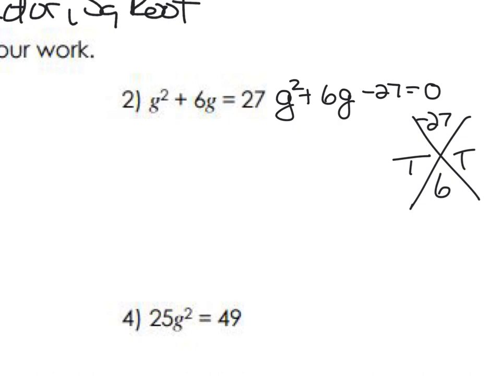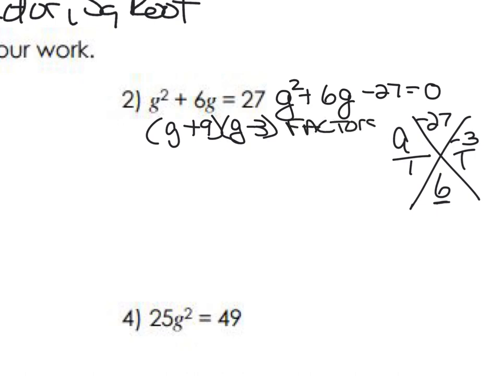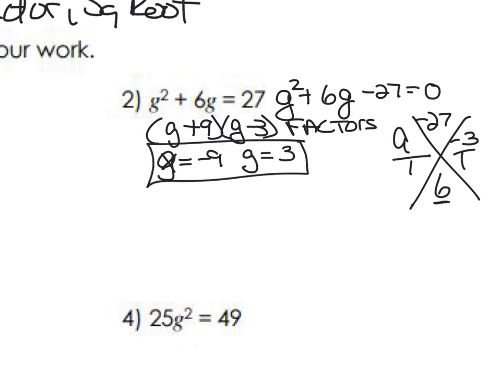I know 9 times 3 is 27, so if I say 9 times negative 3, I get negative 27. If I add them together, I get 6. So that'll work. So g plus 9 times g minus 3, those are my factors. If you set them to 0, you get your solutions: g equals negative 9 and g equals 3.